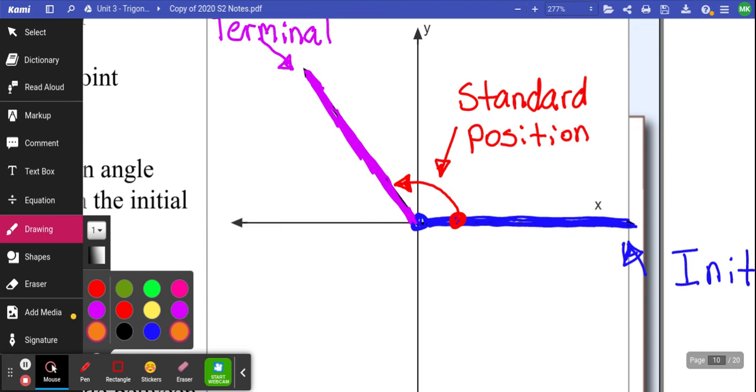So if I started at the initial arm and did a full rotation, a 360, and then did the same distance as the standard position, I would get to the same point even though I'm at a different angle. This is a much bigger angle. It went 360 plus that distance, but it got me to the same terminal arm. So it's called a co-terminal angle. It would get you to the same spot.